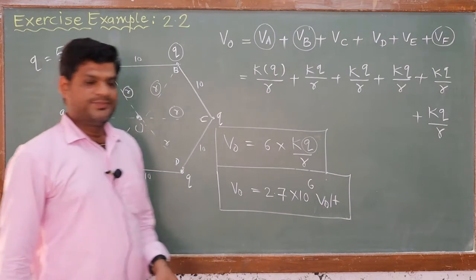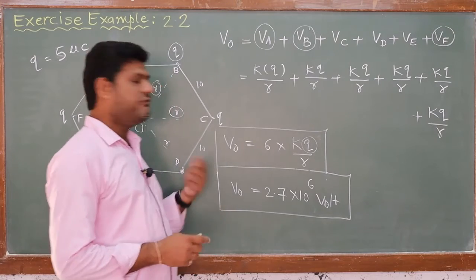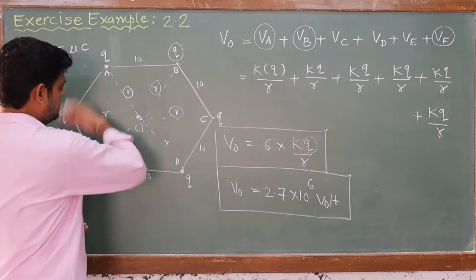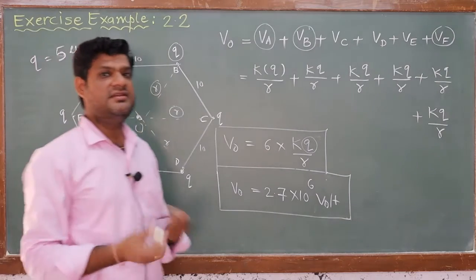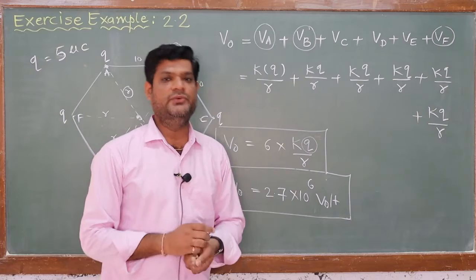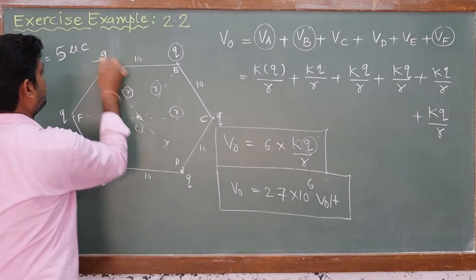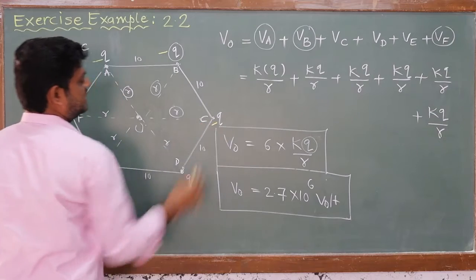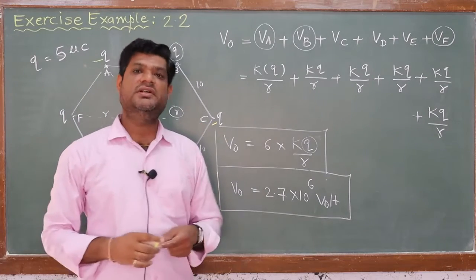The next question: what will happen if, out of these 6 charges, any three charges are negative? Right? We can think, suppose 1, 2 and these three charges are negative, then what is your answer?